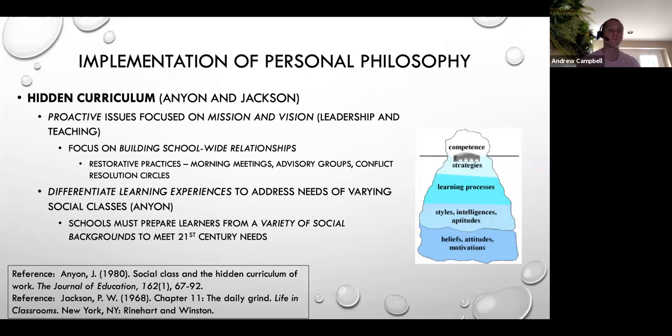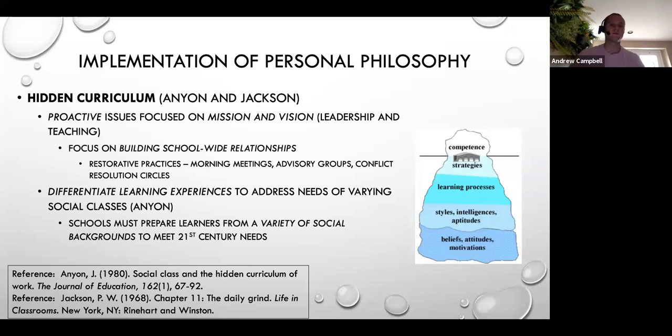It also gives us the ability to differentiate our learning experiences. Onion talked about the idea of different social classes and the way schools are constructed. Now, I understand that is not necessarily the case, especially working for an urban school system. There may be schools in which there are multiple social strata represented.